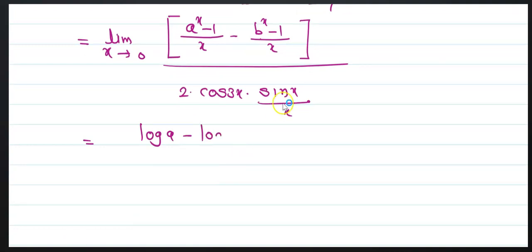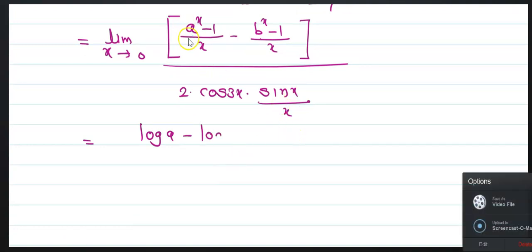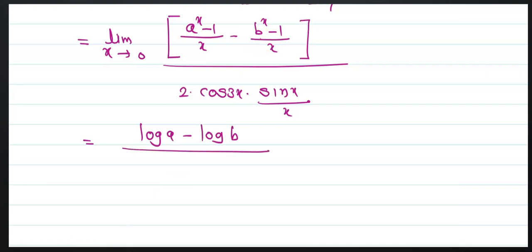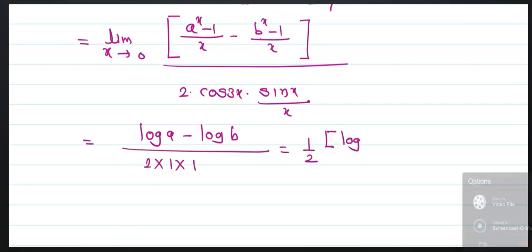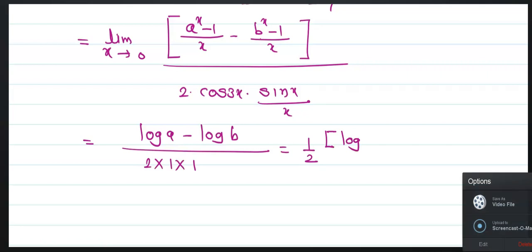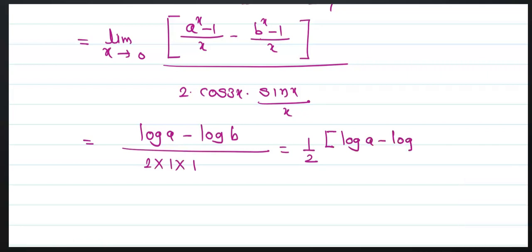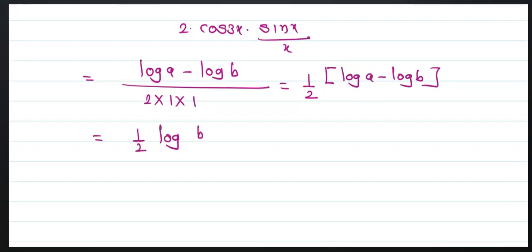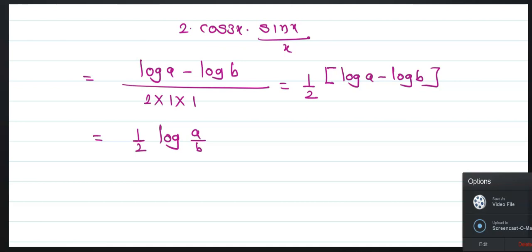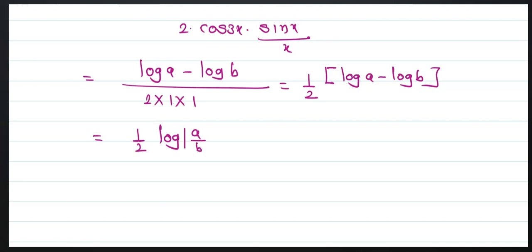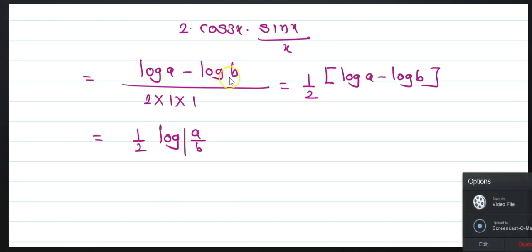Therefore, we take the limit for sine of x upon x. The value of this numerator limit is log of a minus log of b upon 1. That is 1 upon 2 (log of a minus log of b). That is 1 upon 2 log of a upon b. Again, there is a minus sign between these two logs.